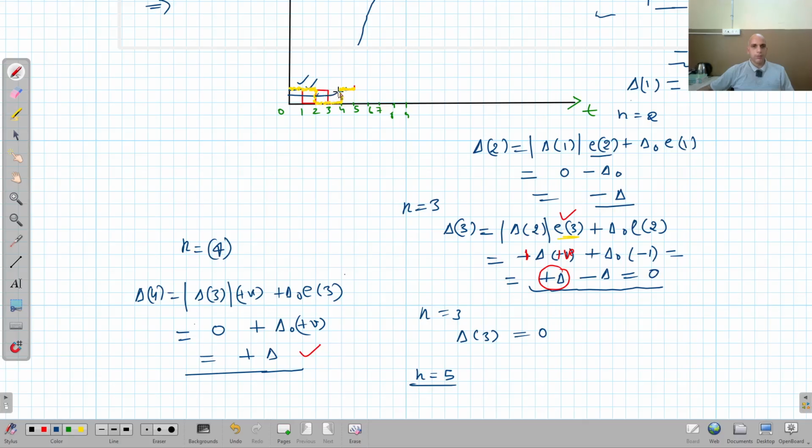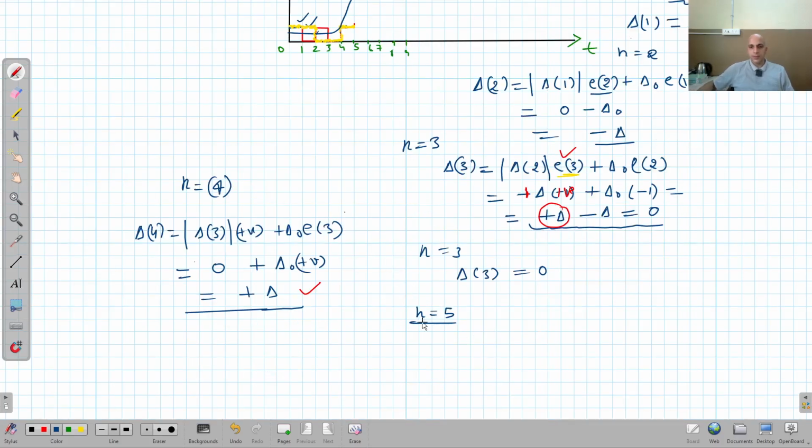N is equal to 4, this way, right. Only then you can see here that at n is equal to 5, the error signal will be positive because the information is higher than this signal. At n is equal to 5 the corresponding value of the signal is higher, so the error signal is positive.